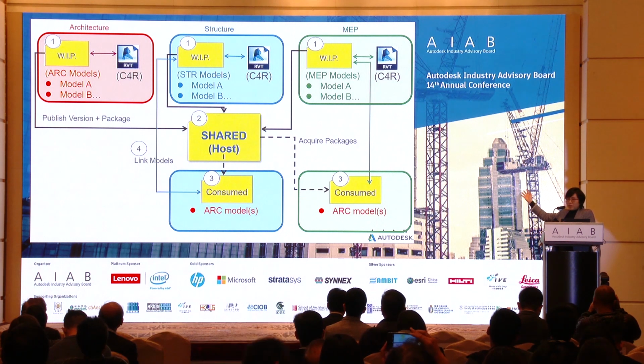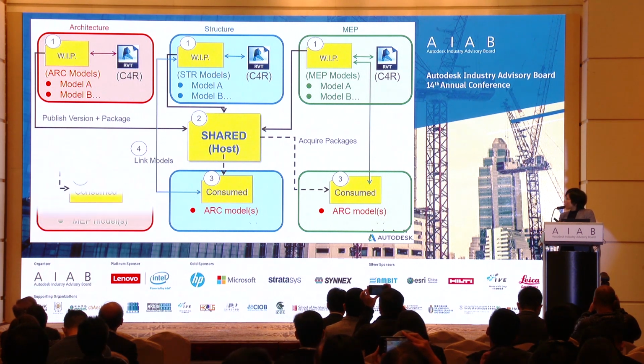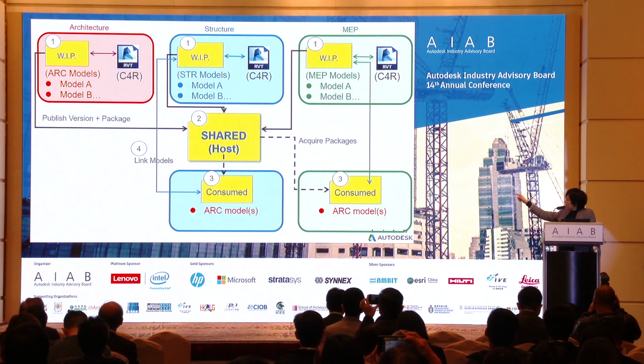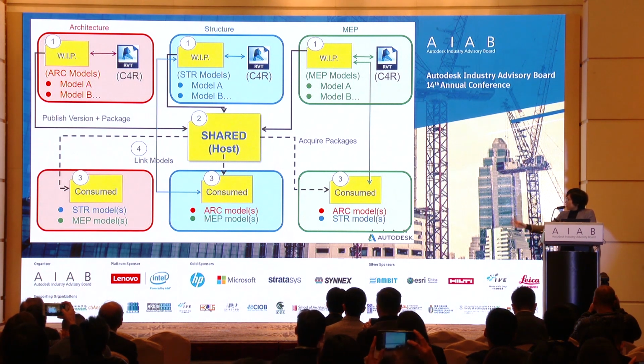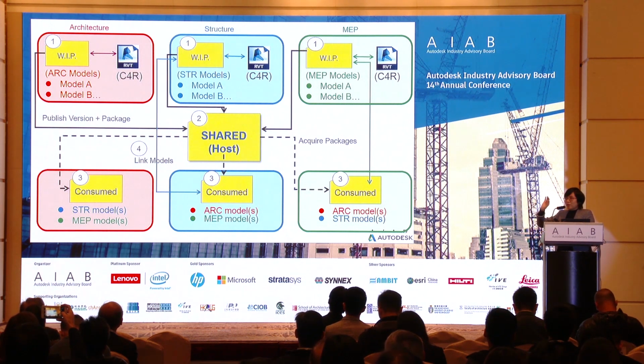And then maybe 3 months later, they have another version of the publish. They put it on the share folder. And this time, the architectural team has the new folders. I would like to highlight one thing.